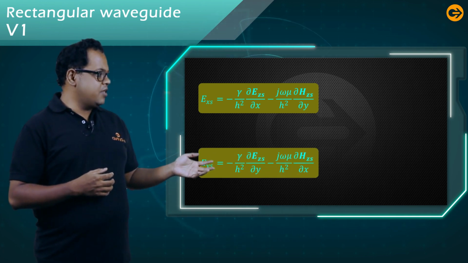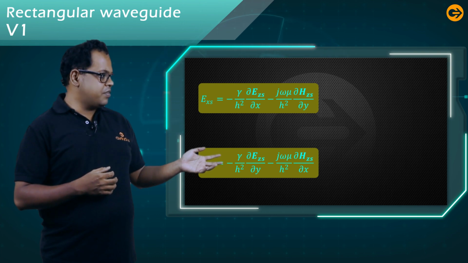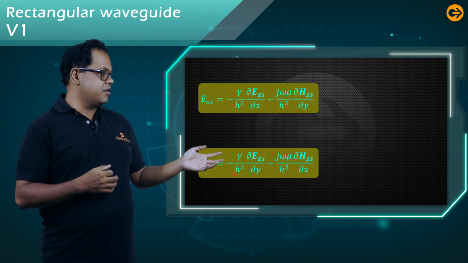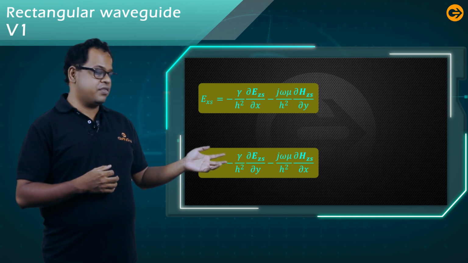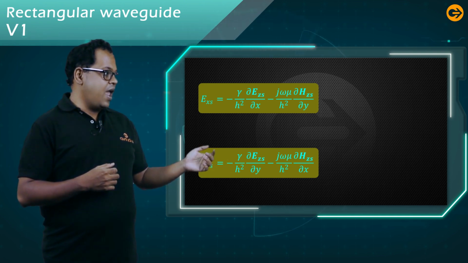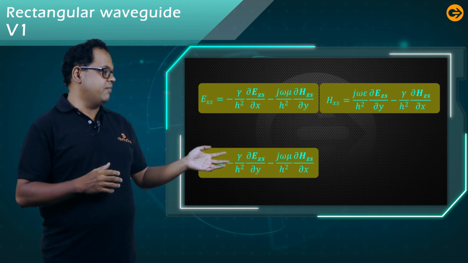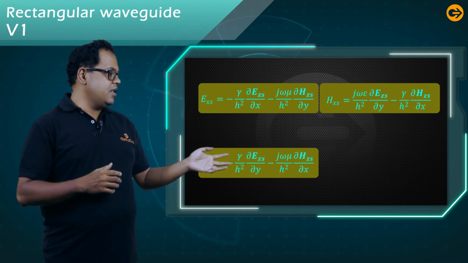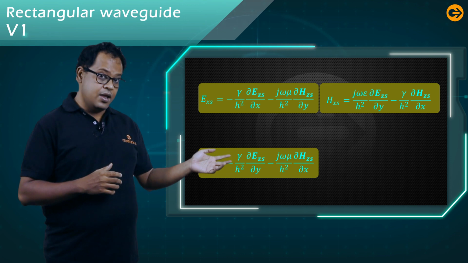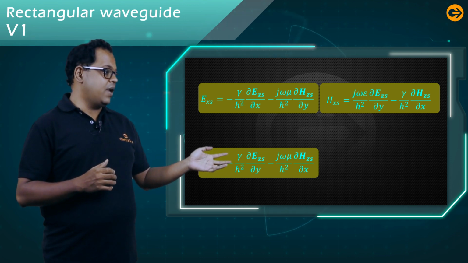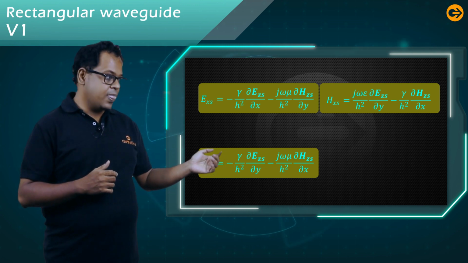E of Ys is equal to minus gamma by h square del Ez by del y minus j omega mu by h square del Hzs by del x, and H of Xs is equal to j omega epsilon by h square del Ezs by del y minus gamma by h square del Hzs by del x.